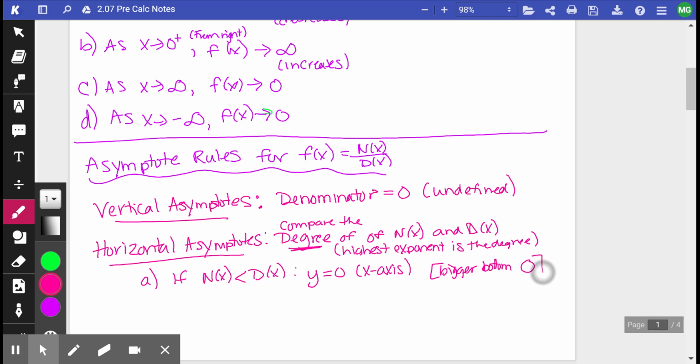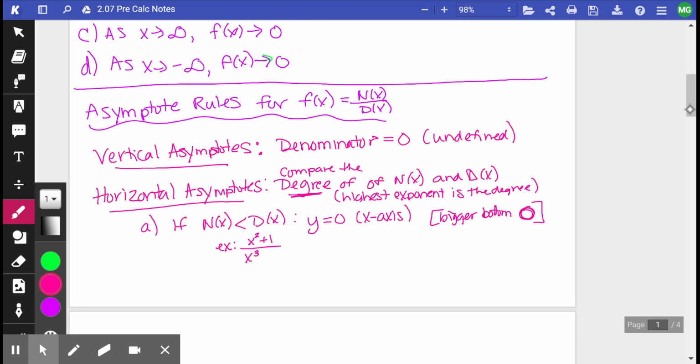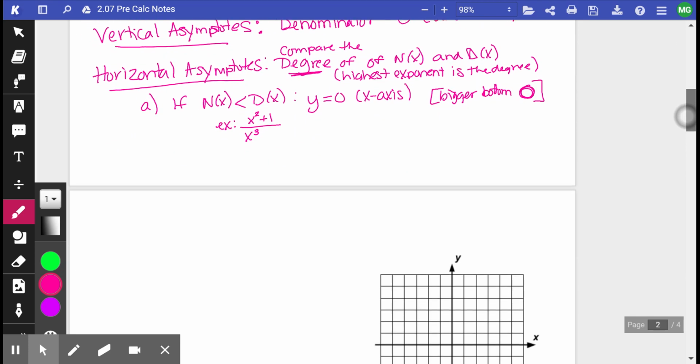So bigger bottom, wrap your belt around to make your circle. For example, this would be something like x to the second plus 1 over x to the third. The highest exponent in the bottom is a 3, so that's bigger than the exponent on the top here.